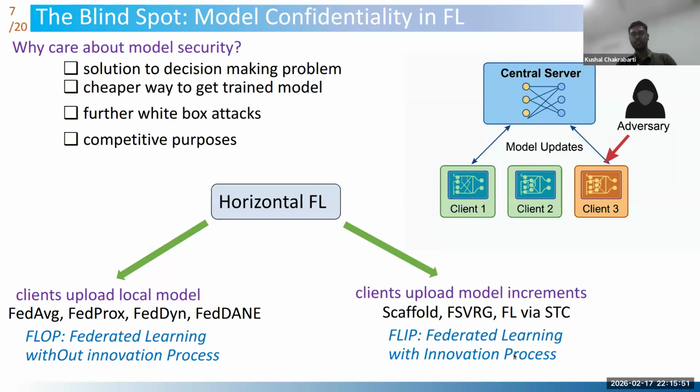Innovation means that instead of sending the entire updated model from the client to the server, only the update is sent, not the full model. For example, that can be just the accumulated gradient at the current iteration. And the other one, where each of the clients sends the full model to the server after they have updated the local model at every iteration, is classified as FLOP, federated learning without innovation process.